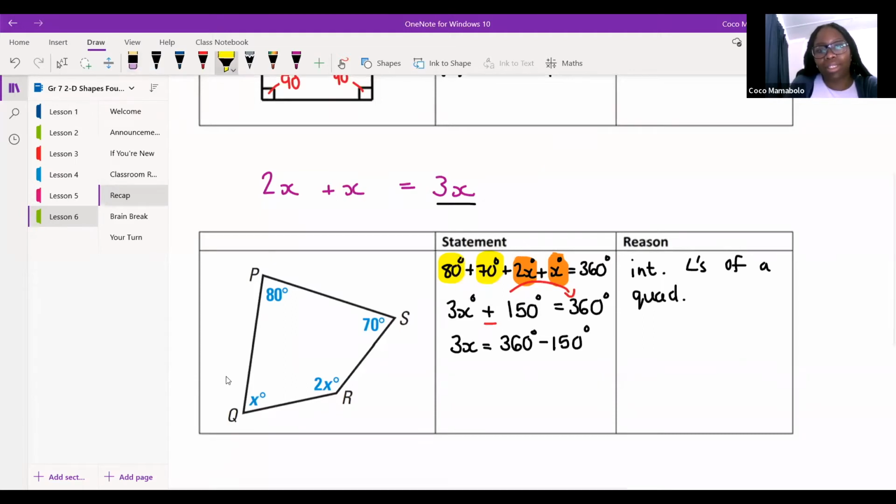Enoch, we are doing 360 degrees minus 150 degrees. Okay, so 3x is equal to 360 minus 150, which gives us 210. Oh Lord, look at me, Teacher Cat. 270, 210 degrees.